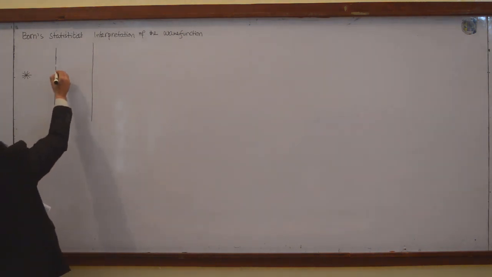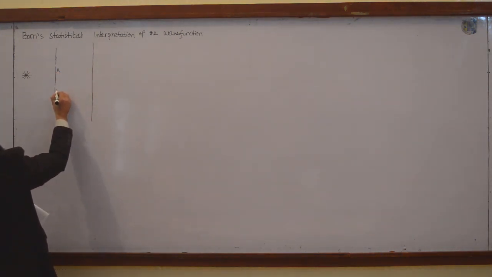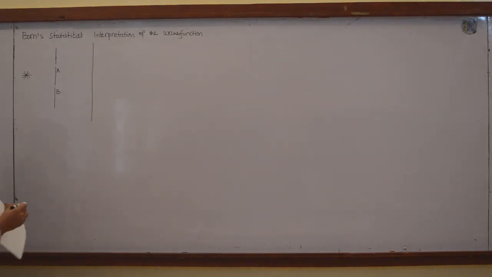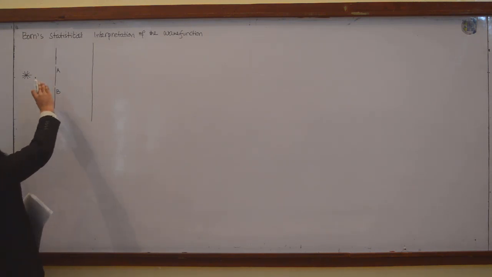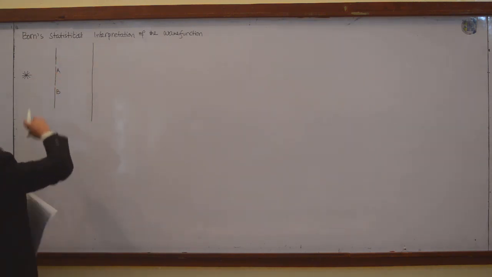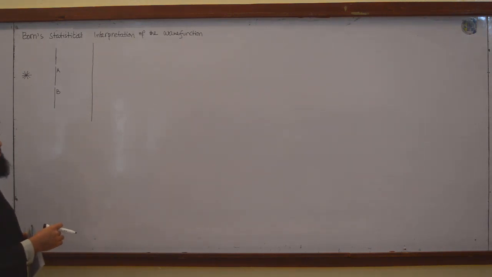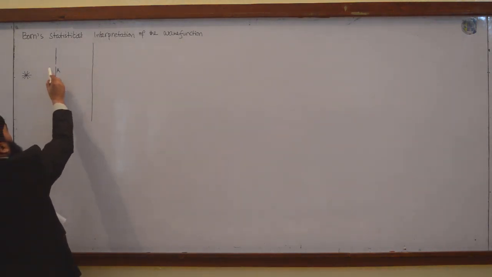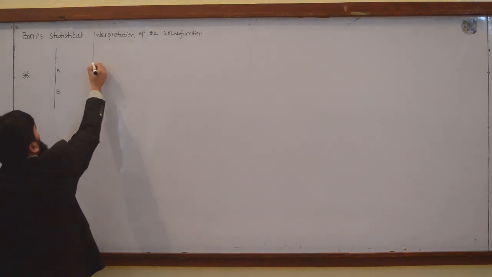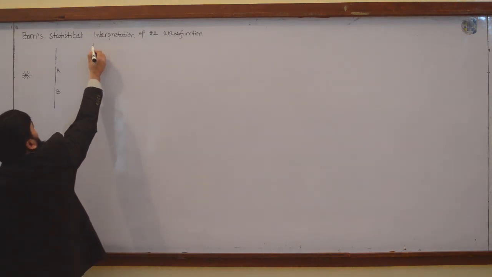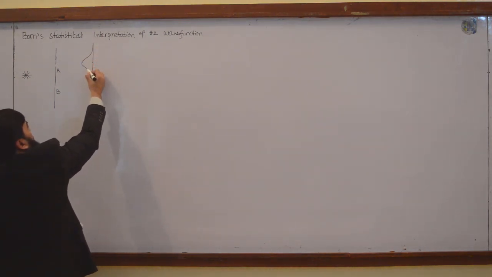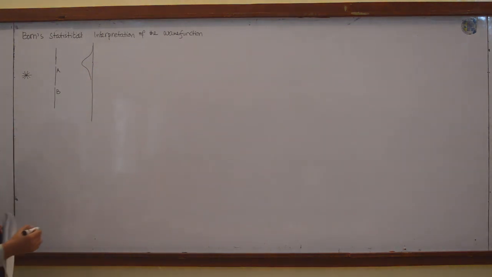Let's say this one is slit A and this one is slit B. Or if you don't call them slit A, B, you call them slit 1 and 2, it's up to you. If slit B is closed and only slit A is open, then what will happen? A particle will come from here, pass through this slit and strike the screen, with the maximum just in front of it, and this will be the distribution of the particles.